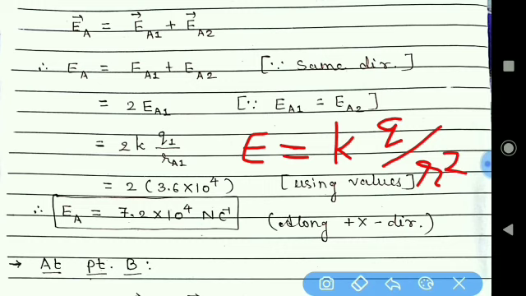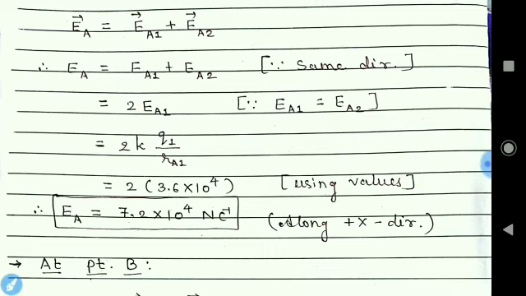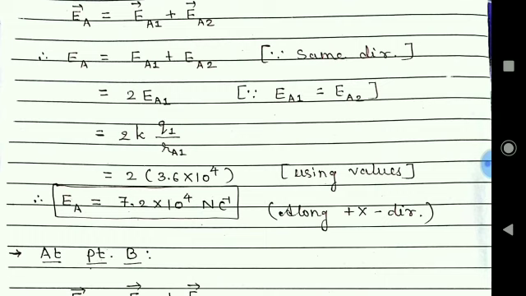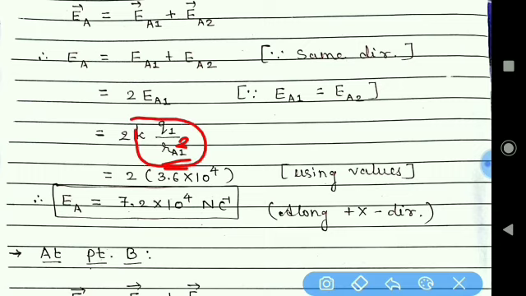So here also if we'll put the formula of electric field, then we'll get it as K Q1 upon R square. Here there is a printing mistake. In place of simply RA1 we have to put here square also. So this is the formula for electric field and 2 as it is.